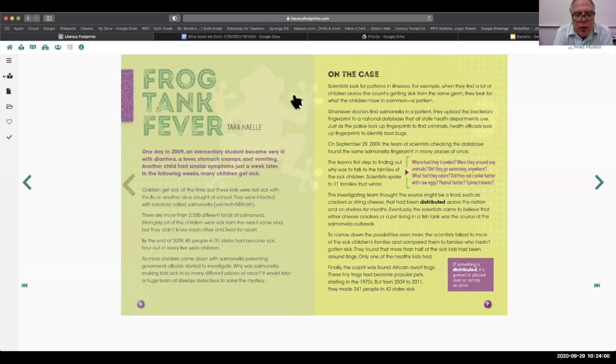They were infected with bacteria called salmonella. There are more than 2,500 different kinds of salmonella. Strangely, all the children were sick from the exact same kind, but they didn't know each other and they lived far apart. By the end of 2009, 85 people in 31 states had become sick. 4 out of every 5 were children.